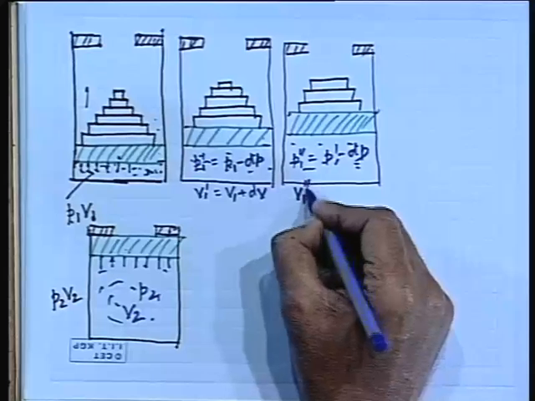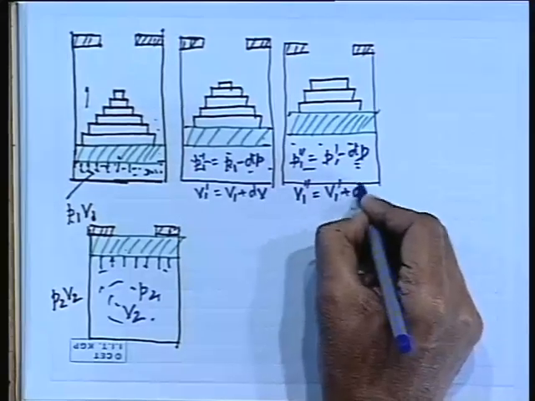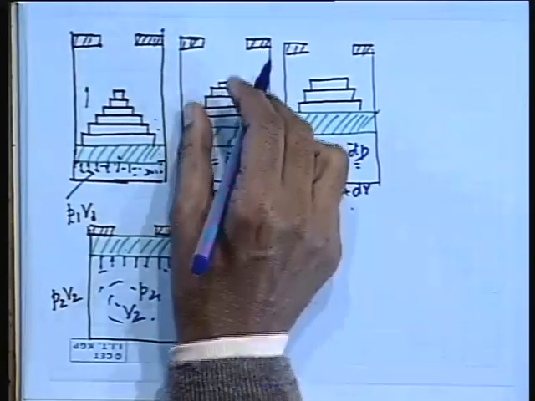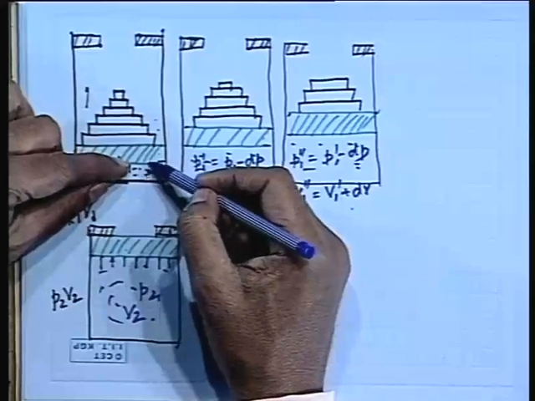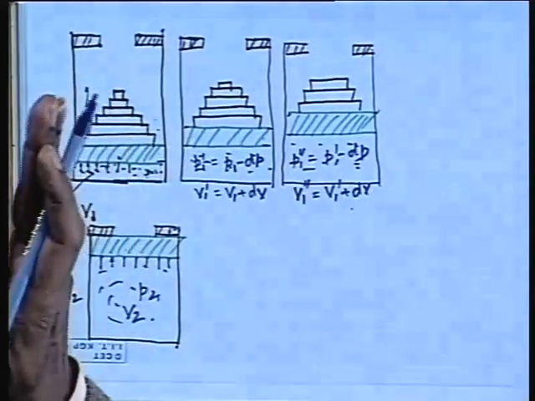Similarly, V1 double dash is V1 dash plus dV. So slowly and gradually, if we remove the weight in such a way that all the time we restrict the piston to move an infinitely small distance under an infinitely small imbalance of the pressure.